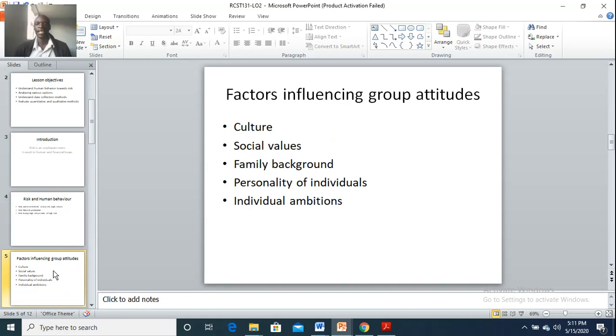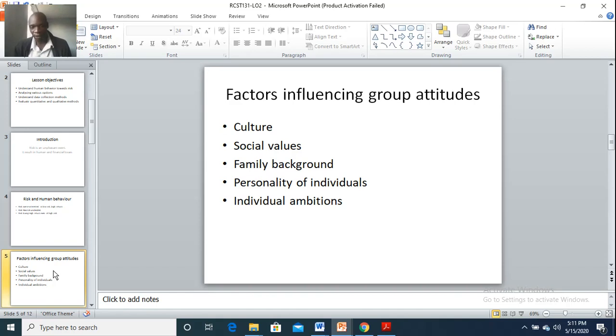Then factors influencing group attitudes. When people are working as a group, they come from different backgrounds, they behave in a different way. So those things, if they are working towards risk management, they affect them.